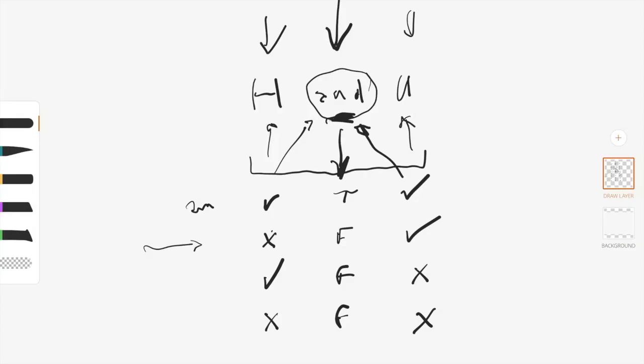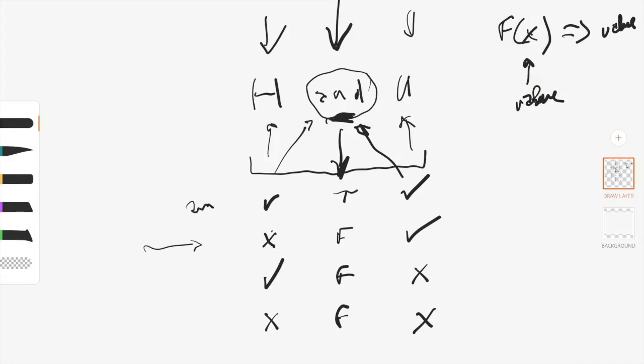In other words, this is exactly the sort of operation that I was talking about when I mentioned functions like f of x. So f of x is a function, and what it says is that if you stick a value in for x, this function is going to basically output some other value.